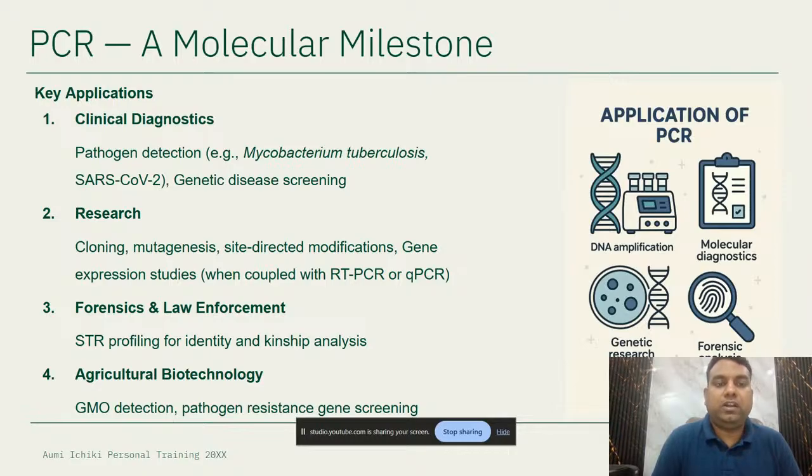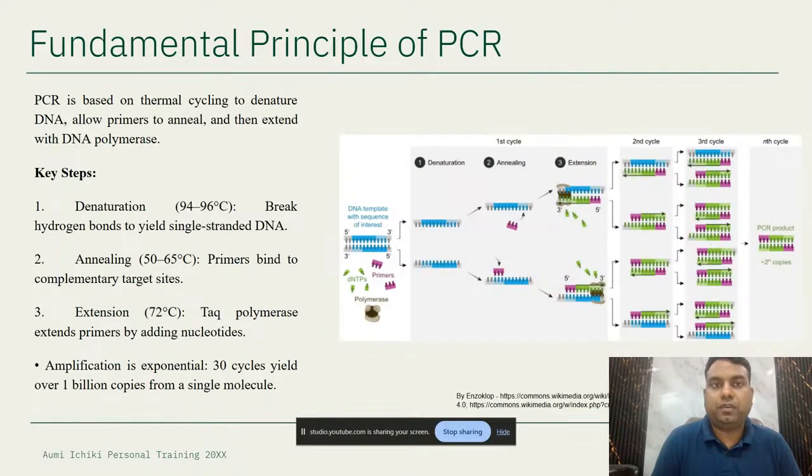In forensic and law enforcement, STR profiling for identity and kinship analysis can be done in a very fast and very precise way. In agriculture biotechnology, GMO detection and pathogen-resistant gene screening help us in various ways for designing new crops or getting new varieties.